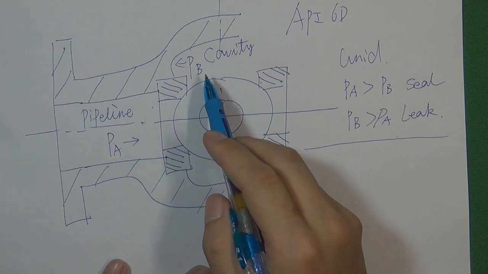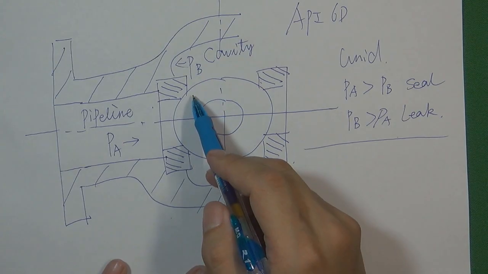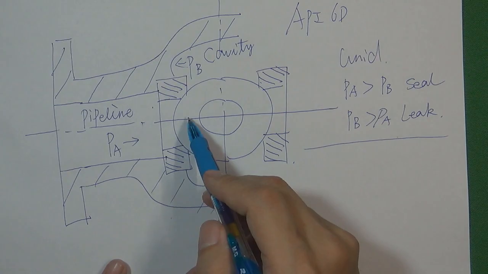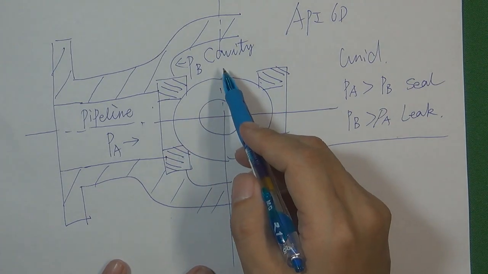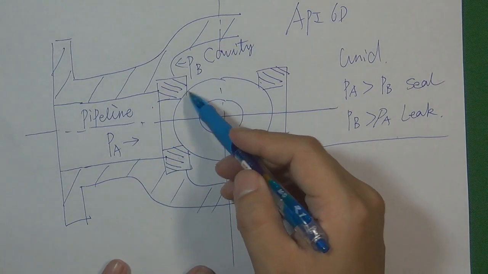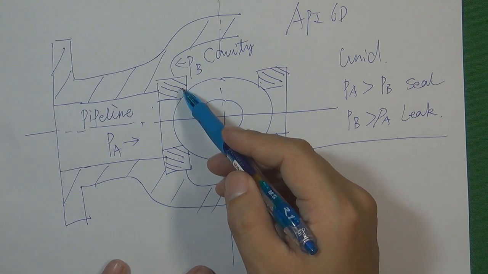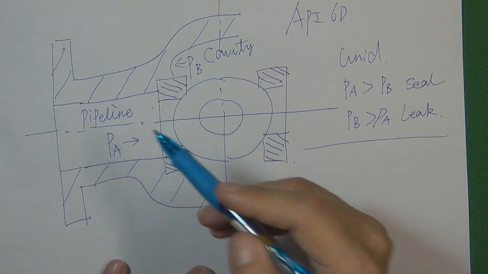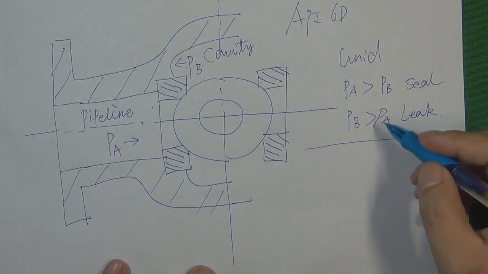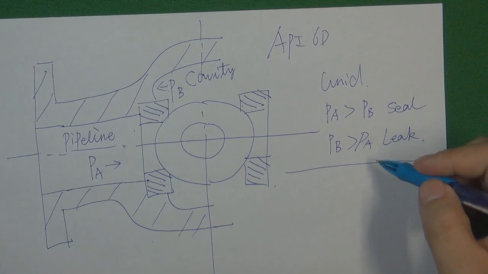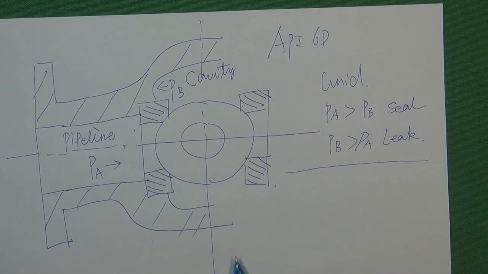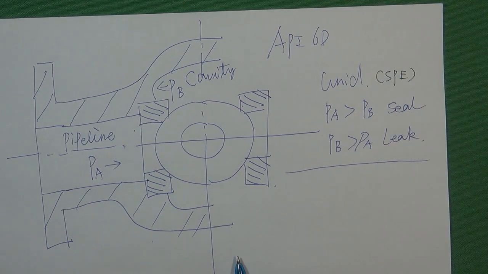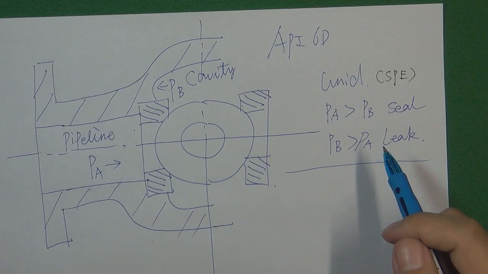When pressure A is bigger than pressure B, the seat totally touches the ball to seal the pressure outside the ball. But when the pressure inside the cavity is higher, pressure B will push the seat back and leave a gap, so the pressure is relieved to the pipeline. This kind of valve seat we call unidirectional, and this seat is called SPE. That is the first kind of seat we are going to talk about.